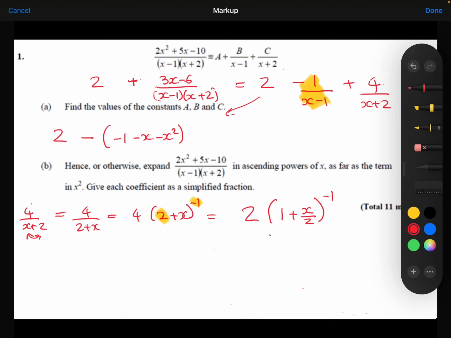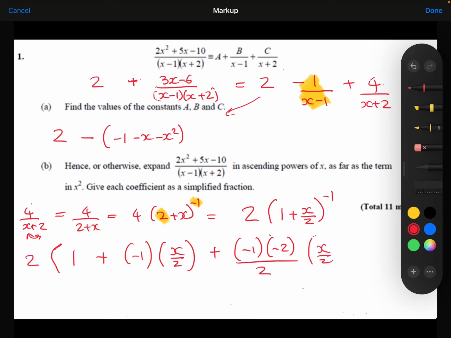Right, let's now do the binomial expansion. We'll leave the 2 at the front, and then we've got 1 plus n times x, which is x over 2 in this case, plus n times n minus 1 over 1 times 2 times x squared.